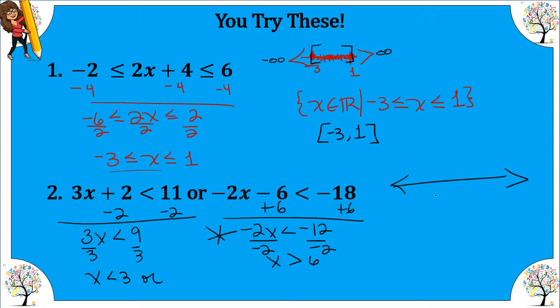So let's graph this. Hopefully yours is a little bit neater than mine. So we're going to have a 3, 4, 5, and 6. Our first one says x is less than 3, not included, going from 3 to negative infinity. And then on this side, 6 is not included, and it's greater than.